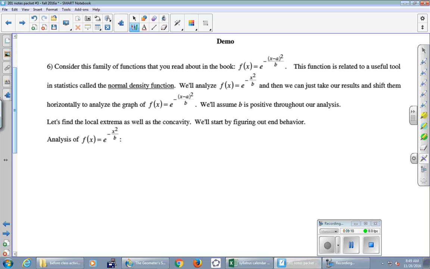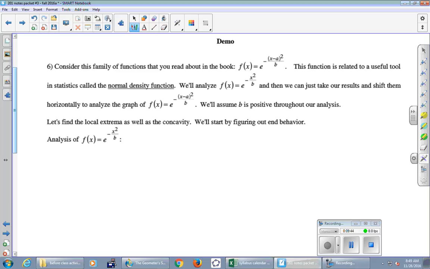It says consider this family of functions that you read about in the book. f of x equals e to the negative (x minus a) squared over b. How many parameters in that family? 2. A and B are the 2 parameters. e is a constant. e is e.